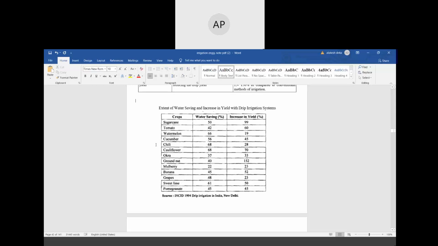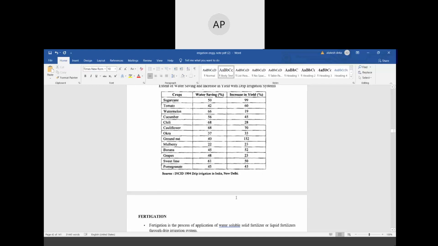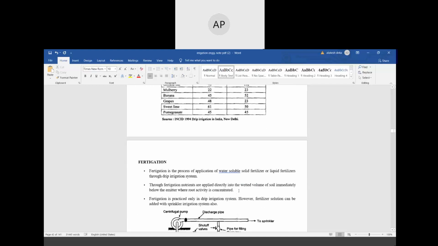In different types of crops, we have different water savings and yield increases. This source is based on INCID 1994, Drip Irrigation, New Delhi. Next, we have fertigation.